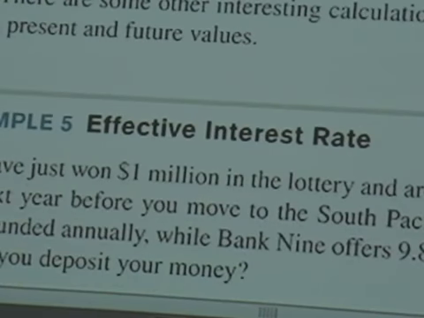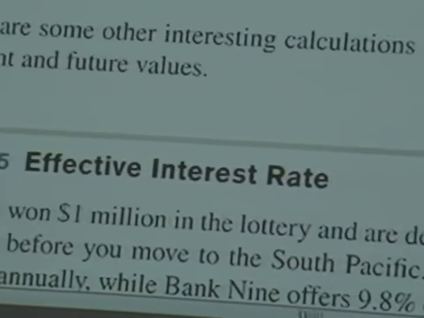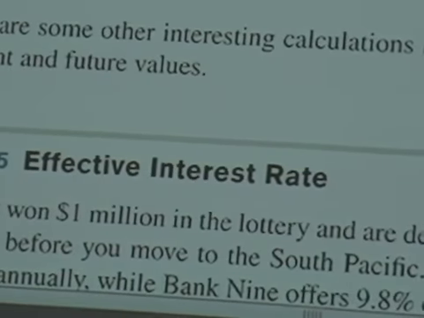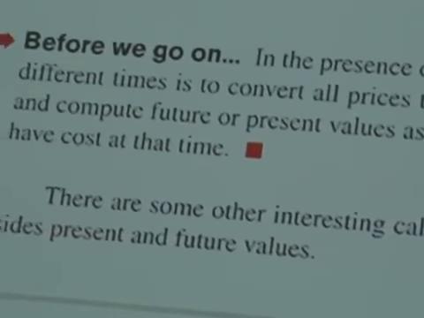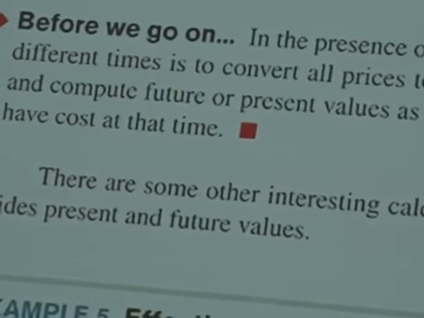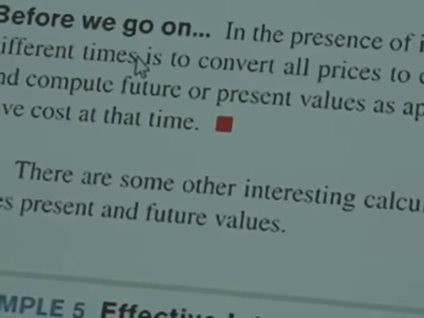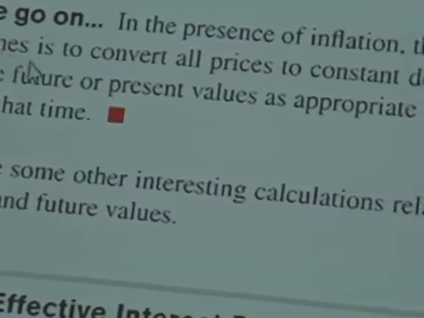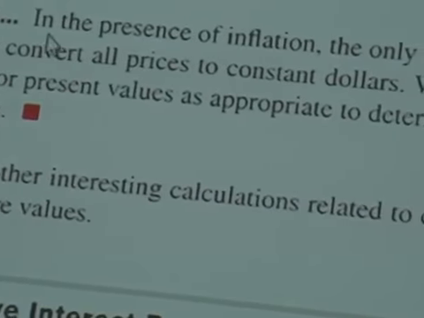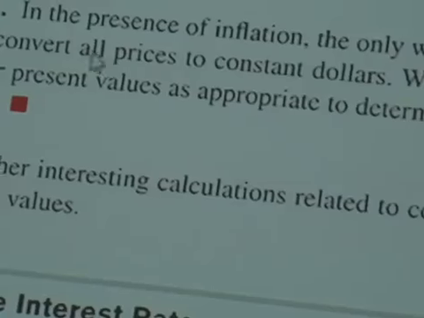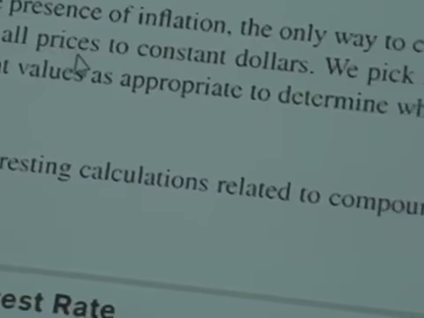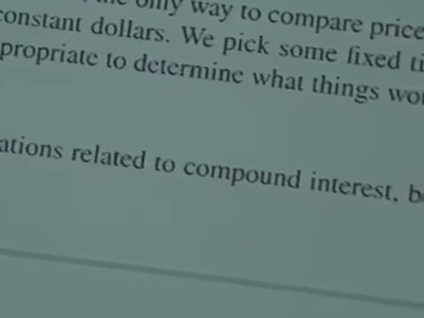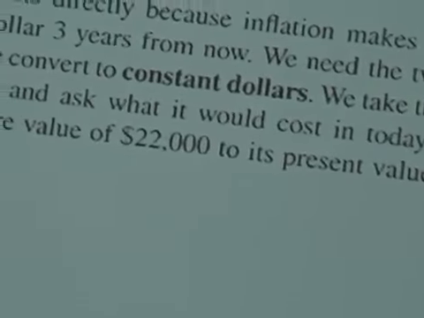Okay, let's go on. Oh, let's read this. Before we go on, in the presence of inflation, the only way to compare prices at different times is, and this is just what we just did, to convert all prices to constant dollars. So let's read that.